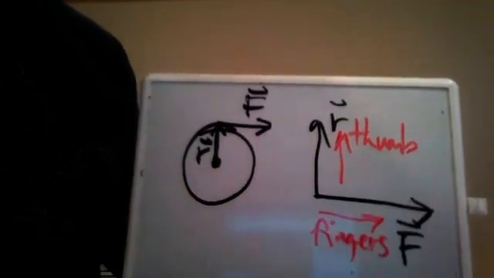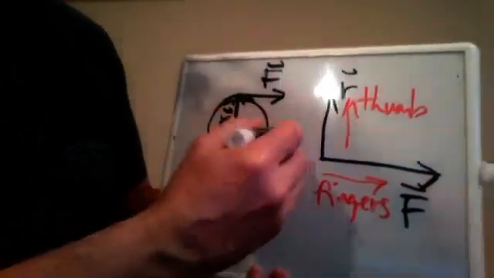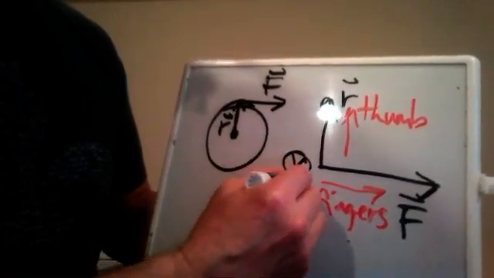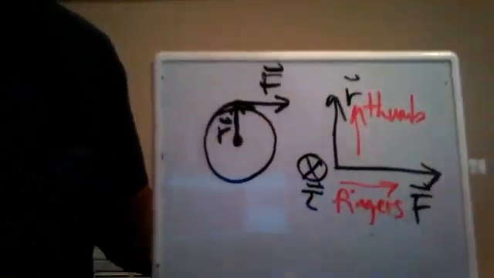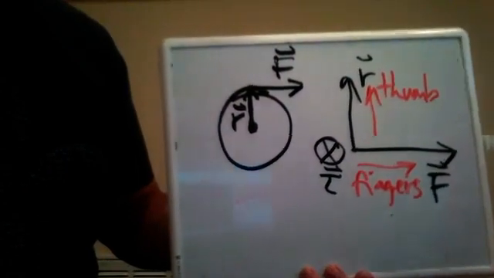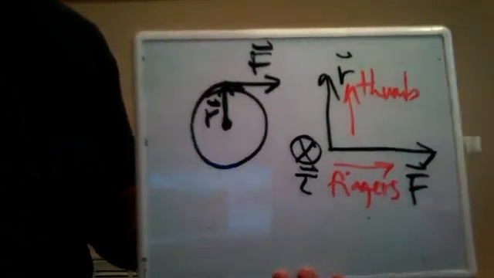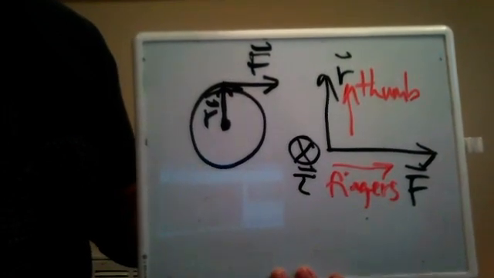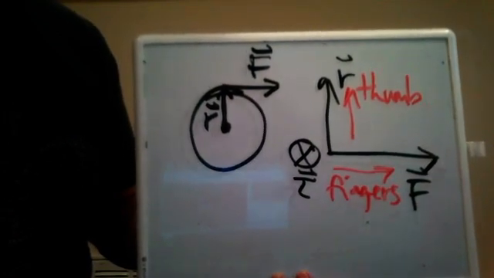So this tells me that the torque here points into the page. Okay? So there's a simple example, a first simple example showing how we're going to use this torque.